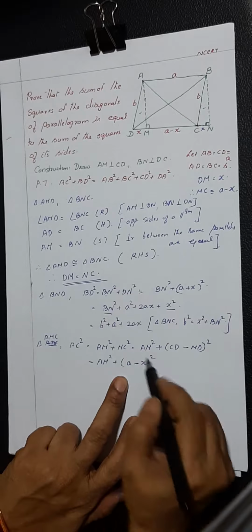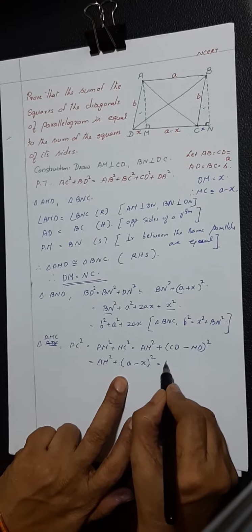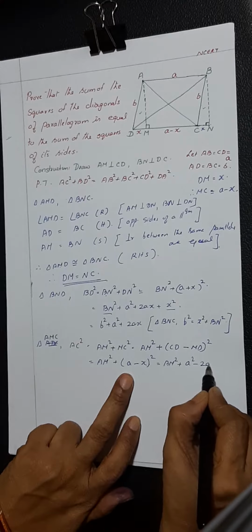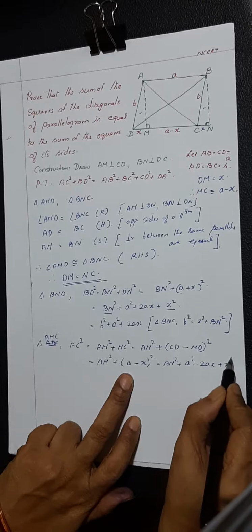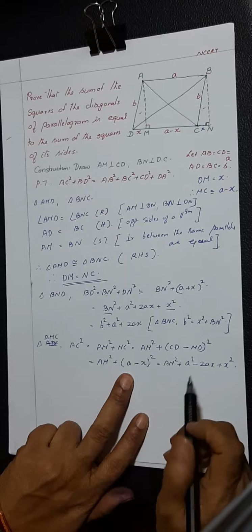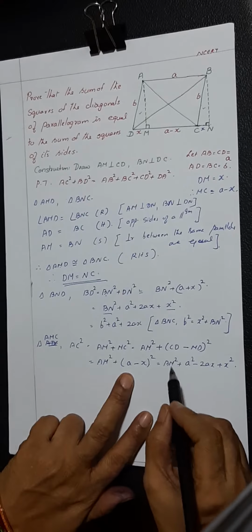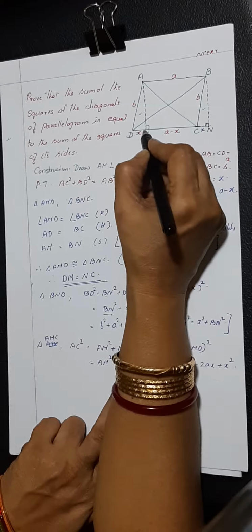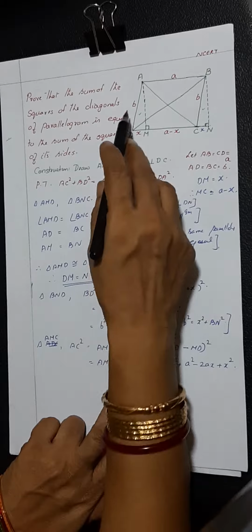You could have directly written that. So this is equal to AM squared plus A squared minus 2AX plus X squared. Here AM squared plus X squared will become B squared.